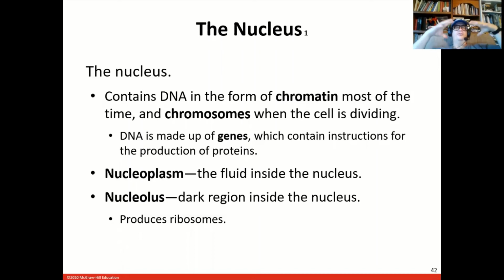Just like all the stuff just under the plasma membrane was cytoplasm, the stuff under the double-layered nuclear envelope is the nucleoplasm. The nucleolus is the dark spot inside the nucleus where we are reading the DNA and using the instructions to make RNA for ribosomes. Ribosomes are part RNA, part protein. All right, moving on.